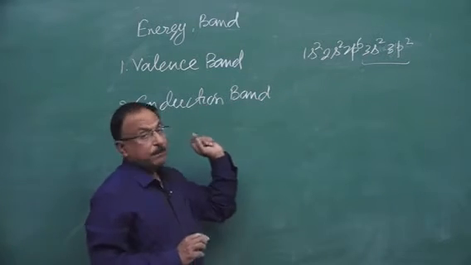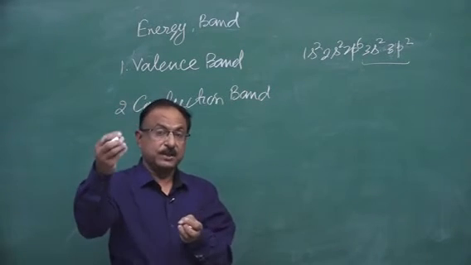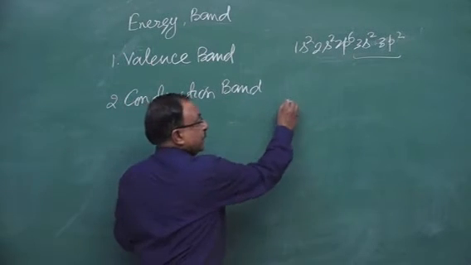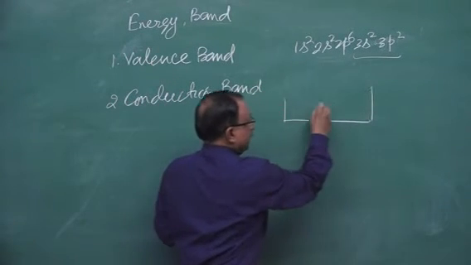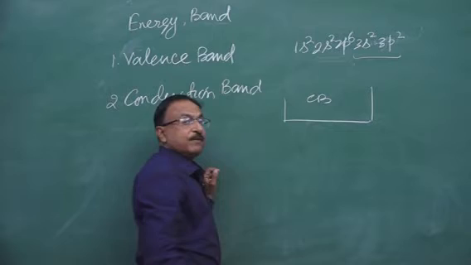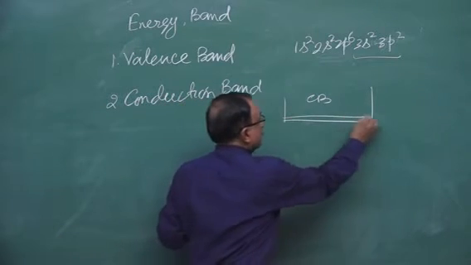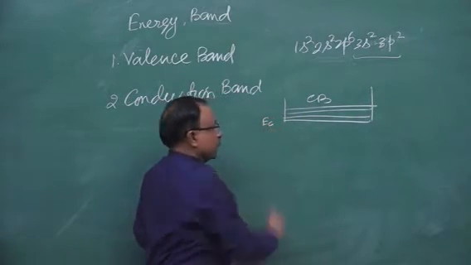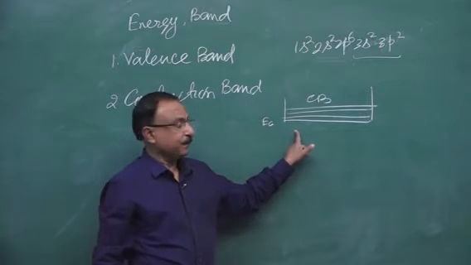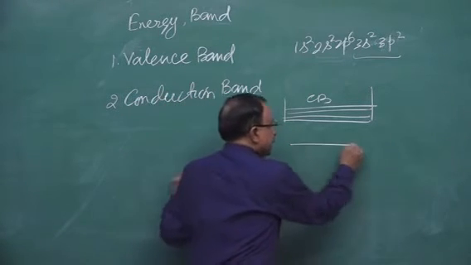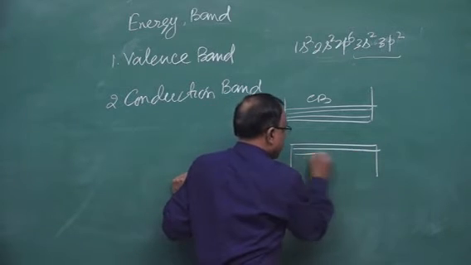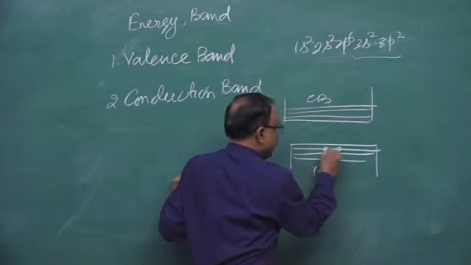We call it conduction band because once an electron reaches the conduction band, it can move. Have you understood? The conduction band consists of those energy levels which are unoccupied. The valency band is the group of those energy levels which are already occupied.